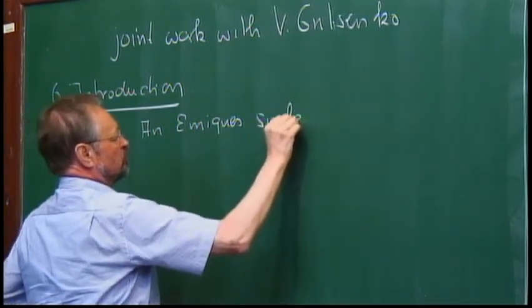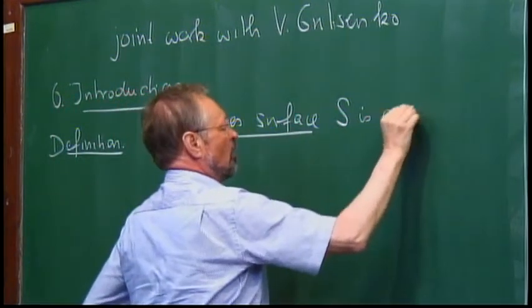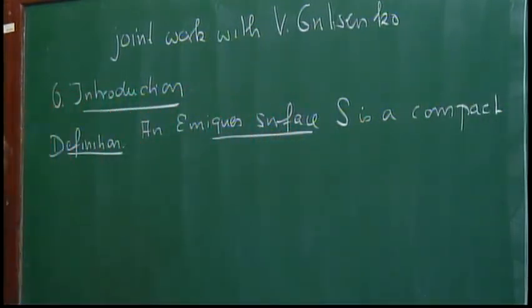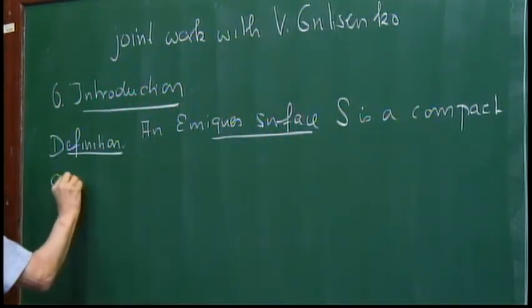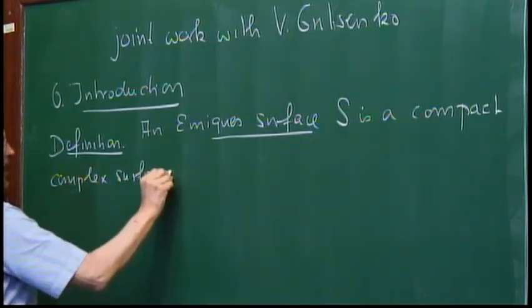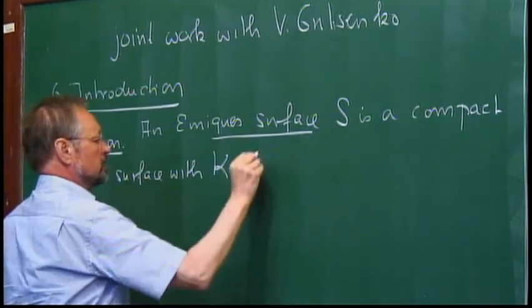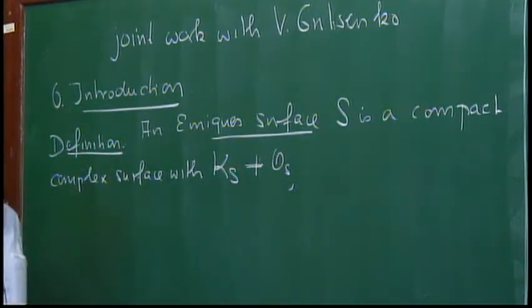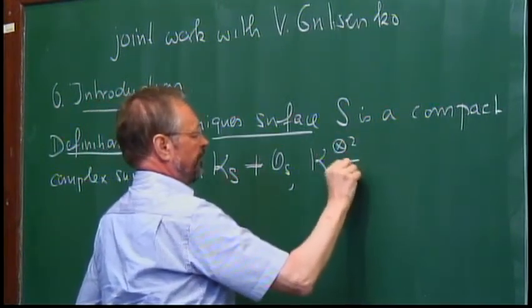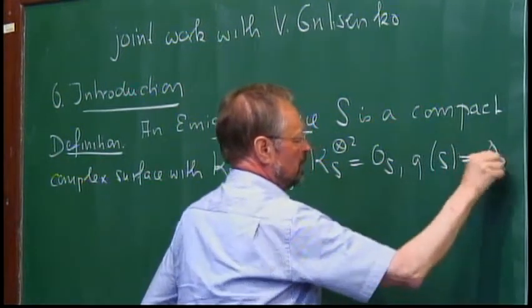So an Enriques surface S is a compact complex surface with the property that its canonical bundle is not trivial, but twice the canonical bundle is, and that the irregularity is 0.